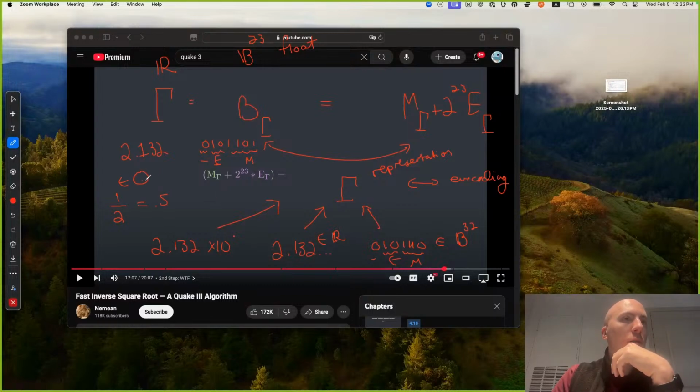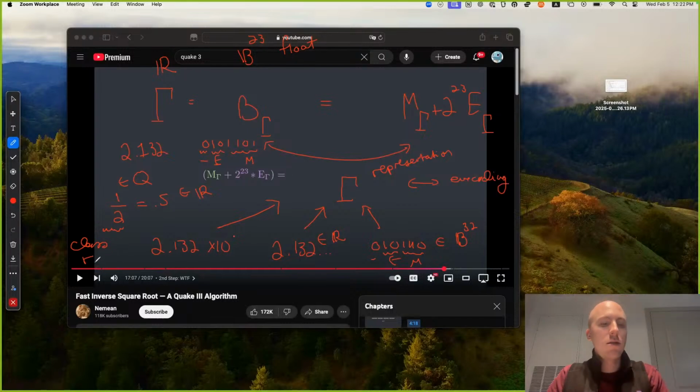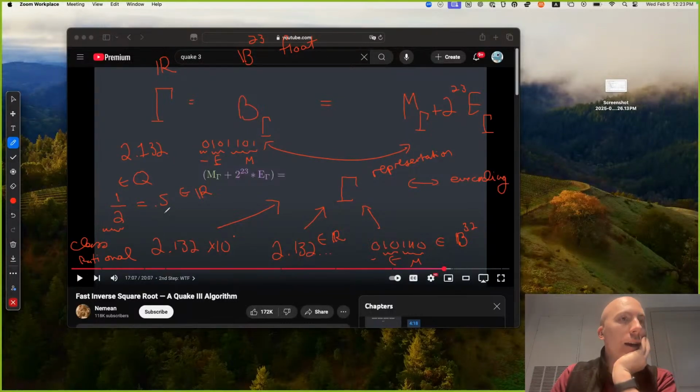This is a member of Q, the rational numbers, and this is a member of the real numbers. If you think about how to encode this on a computer, this encoding might be a class of a rational, and this might be a class of an IEEE float.